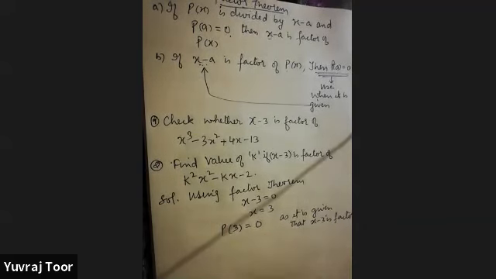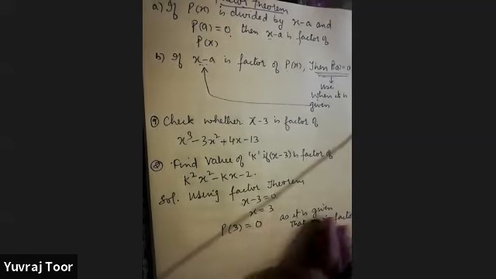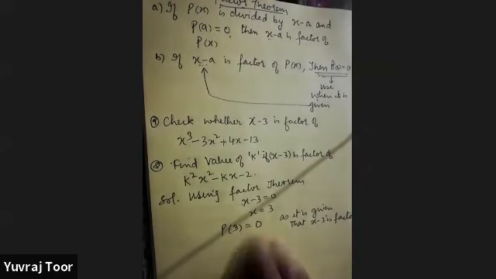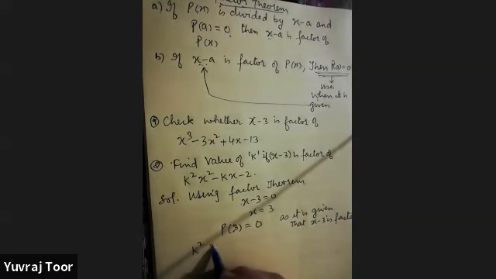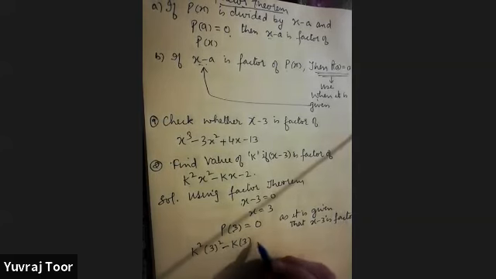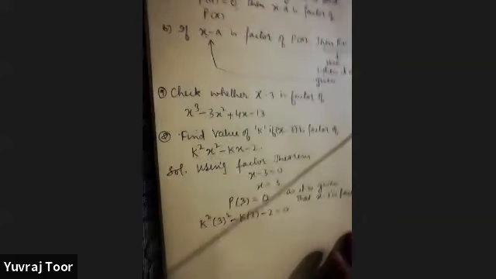That's why in the very beginning I can put this equal to 0, because they've already declared it's a factor. So the remainder should be 0. So now I'll put the value in the polynomial.